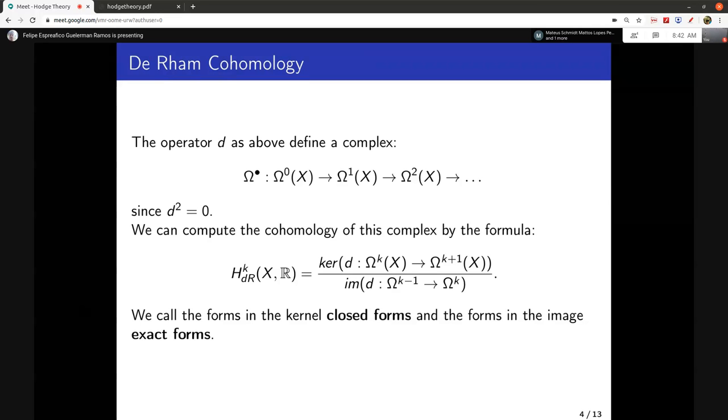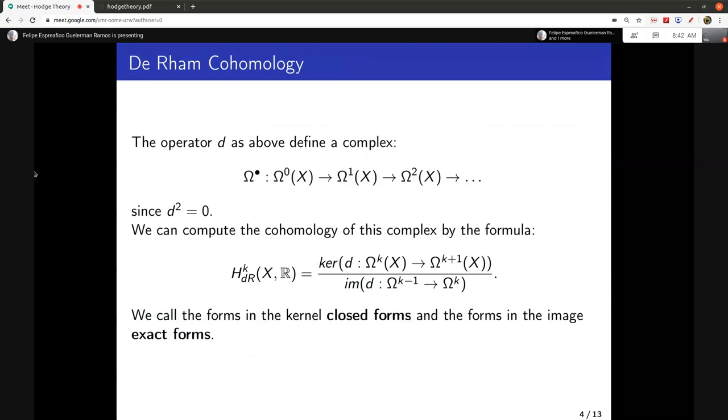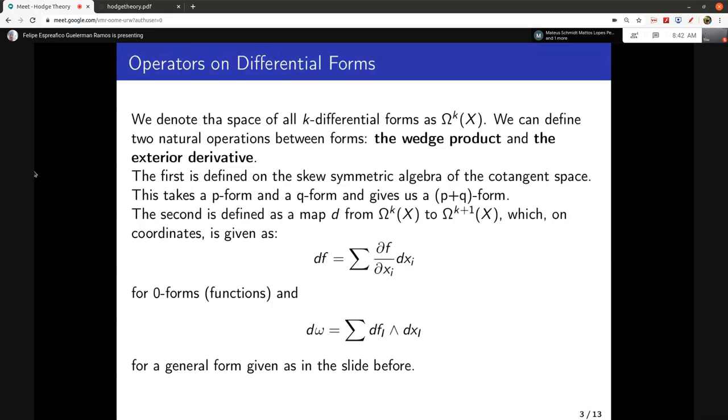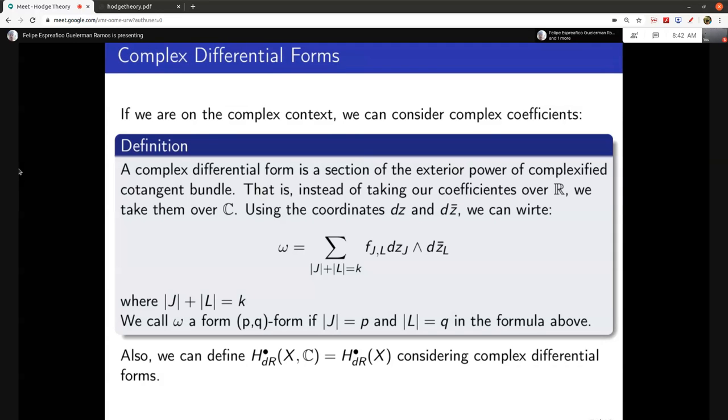Okay, so everything we did until here was in the real context. We were just considering normal smooth manifolds and real coefficients. So everything was real, and now we are going to go to the complex context. A complex differential form is a section of the exterior power of the complexified cotangent bundle.